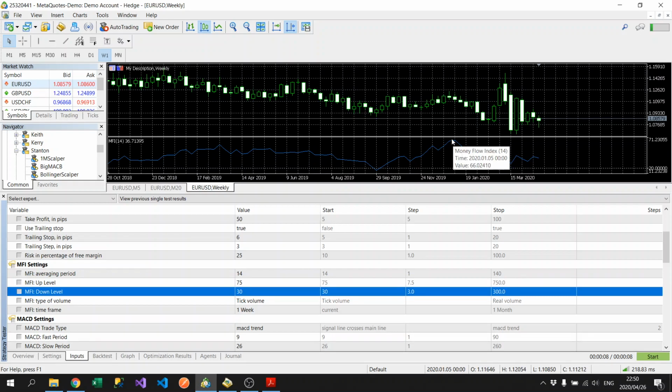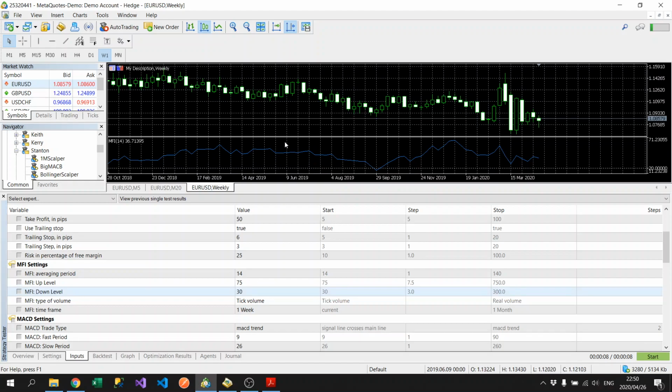If the indicator is greater than 75, no trade will be entered into. And if it's lower than 30, you can see here it's 27, no trade will be entered into. Because this is a breakout strategy, we use the trading range to avoid buying or selling into an overbought or oversold market.